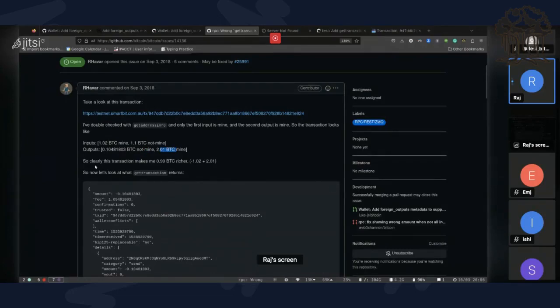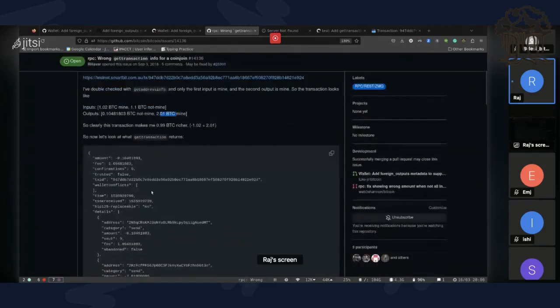So what should my wallet say when I look at the details of the transaction, when I call get transaction on this hash? The wallet should say I gave away 1.02 BTC. I spent that input of 1.02. I got 2.101. So I'm 0.99 BTC richer. Right. So I definitely gained more in this transaction.